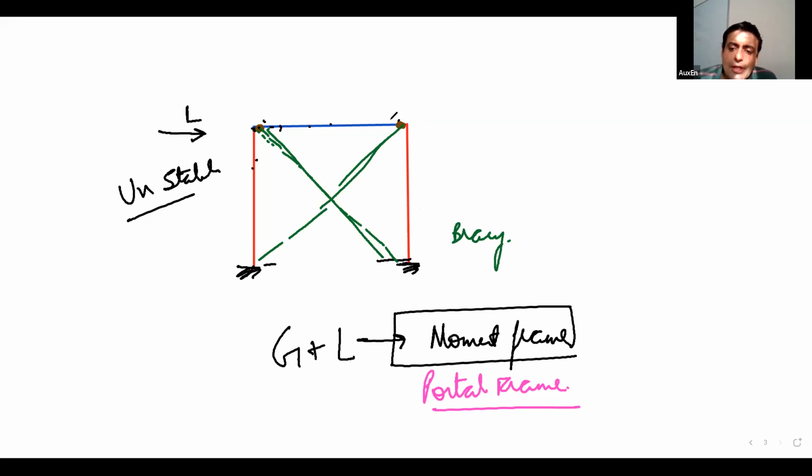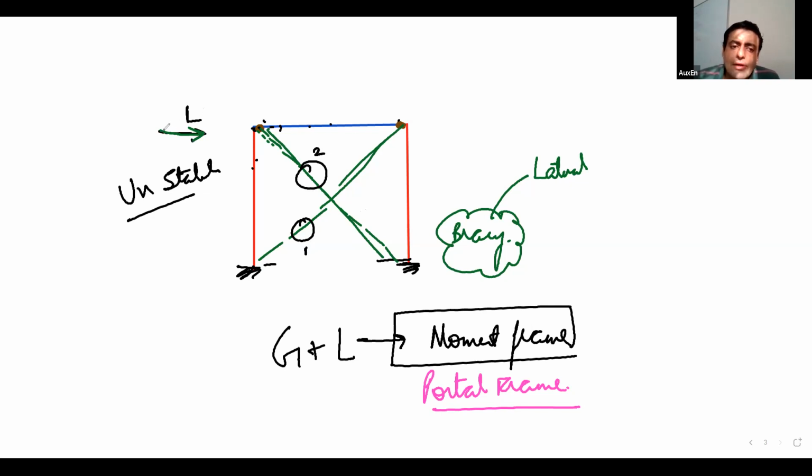Okay. So what is this bracing doing? This bracing is basically helping you to take the lateral load. Whenever a lateral load is acting, it will be taken by these bracings. Okay. Let us say this is bracing 1, this is bracing 2.